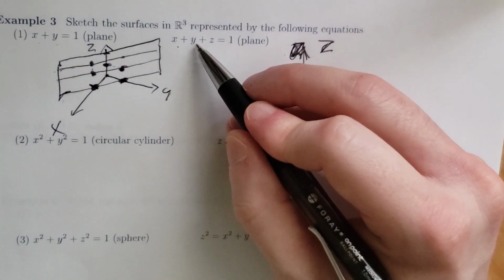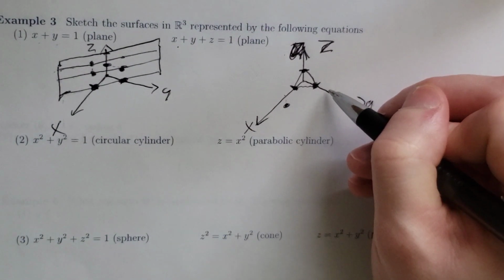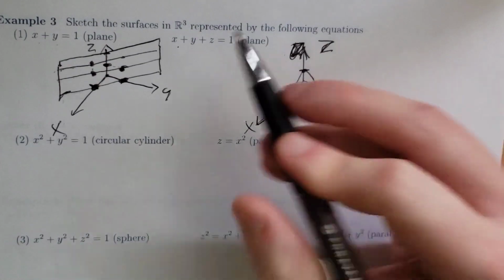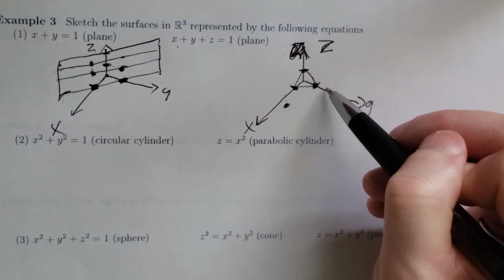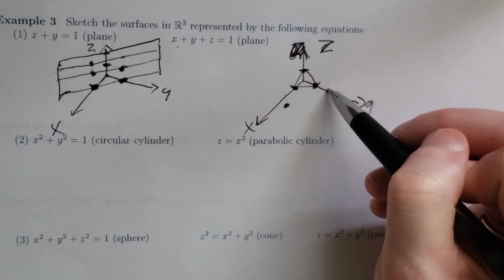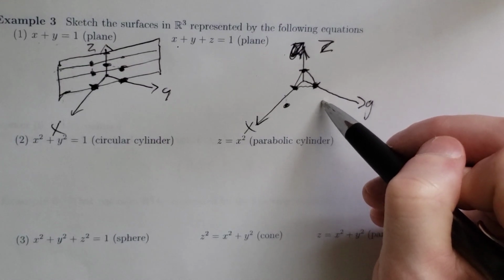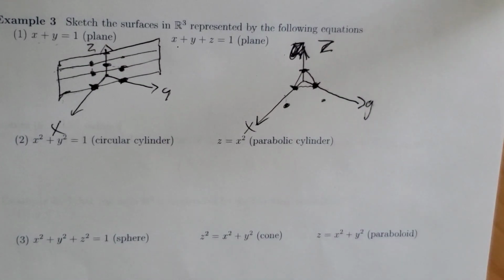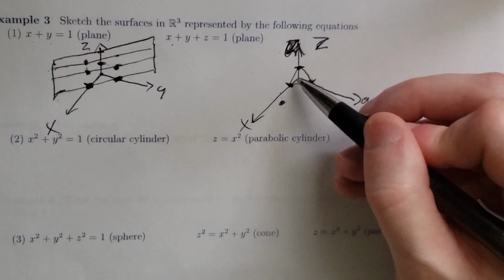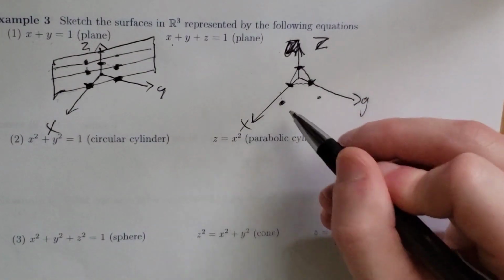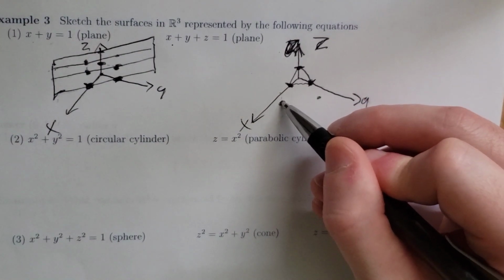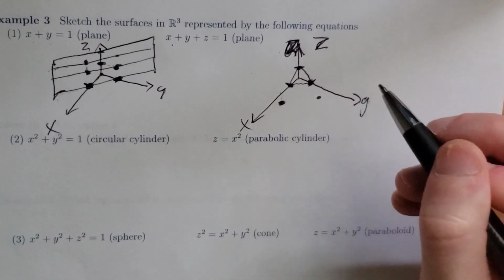If y is 2 and x is 0, then again z is negative 1. So we also have some points down here.